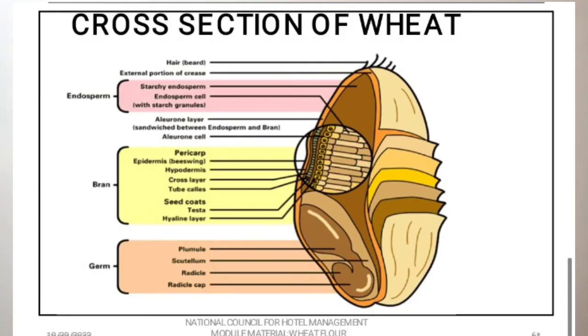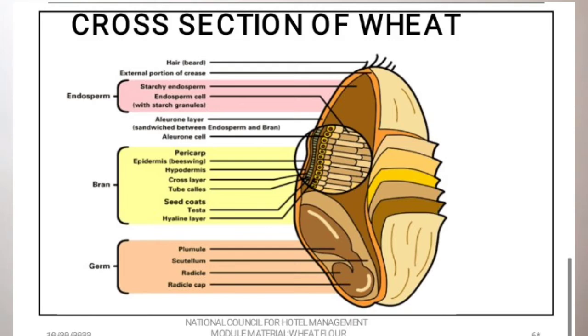Bran is made up of pericarp, epidermis, hypodermis, cross layers, tube cells, seed coats, testa, and hyaline layer. The fourth layer, testa, contains coloring matter which decides the color of the wheat grain and flour.